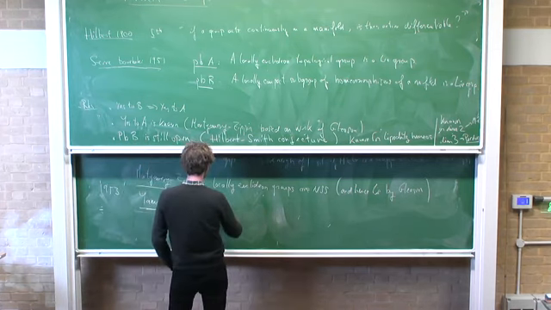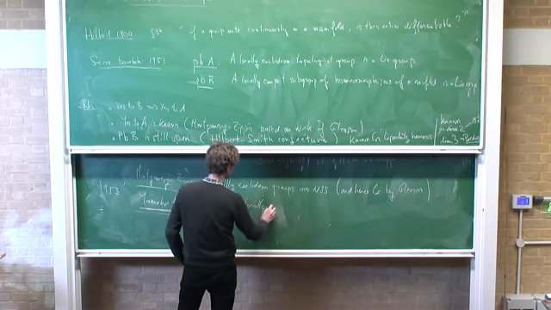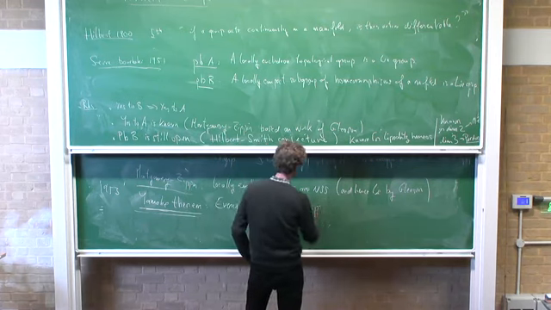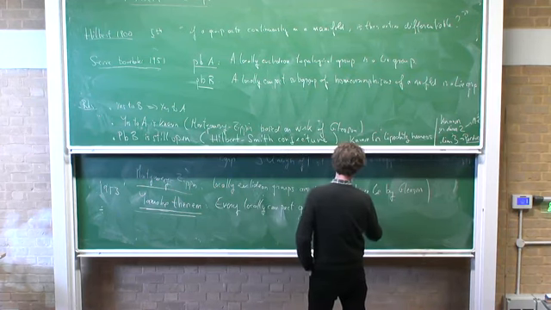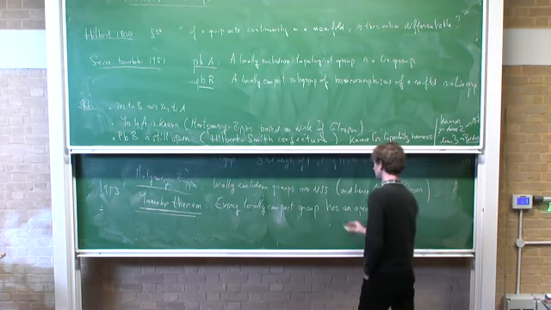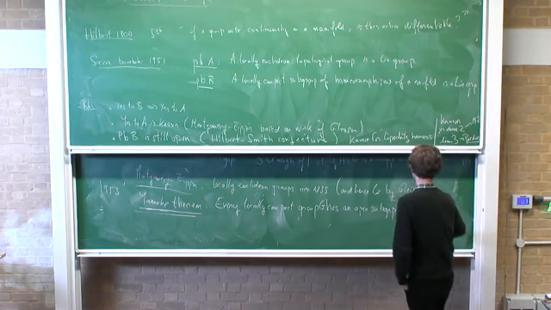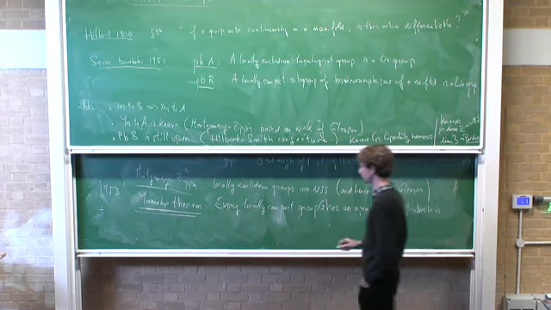It shows that every locally compact group has an open subgroup which is approximated by Lie groups.